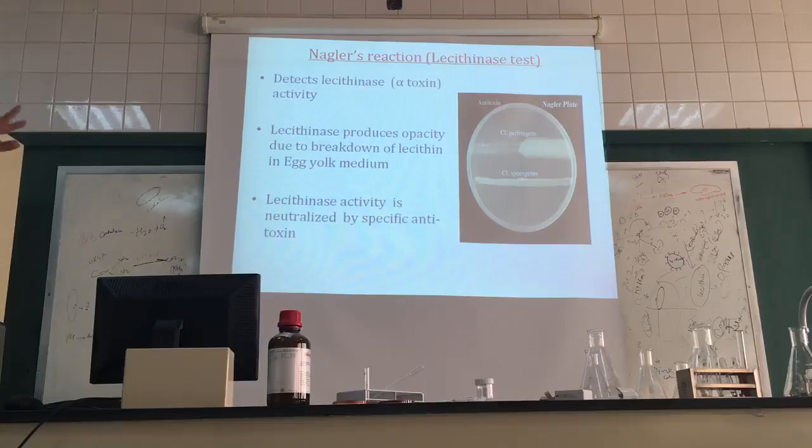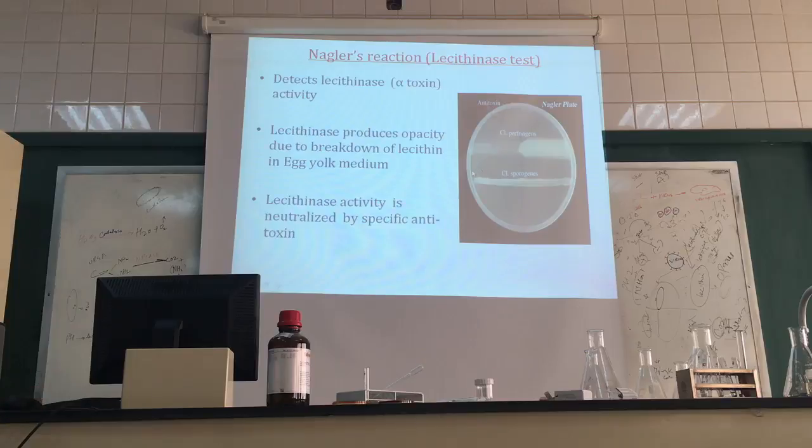These are two similar names but different. Lecithin is a component of membranes, and this can be broken down by lecithinase. It is also called alpha toxin in Clostridium perfringens. When this bacteria releases this enzyme, it breaks down the lecithin. But on the other side, if we add the antitoxin, it will block it.